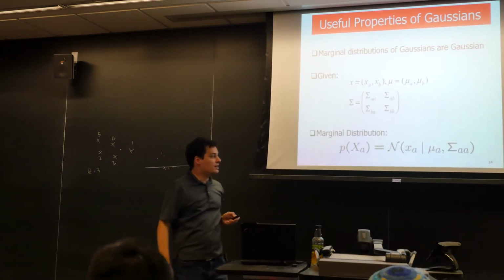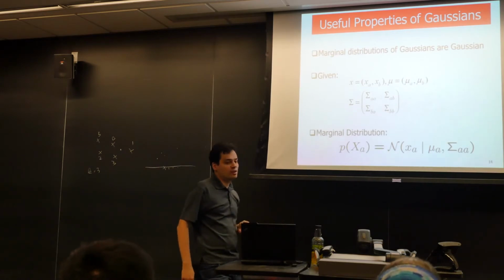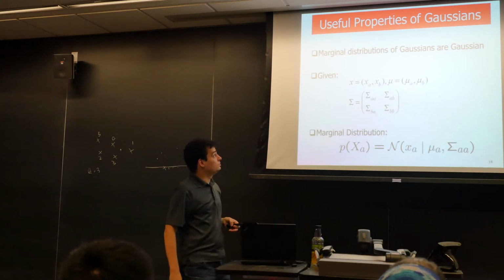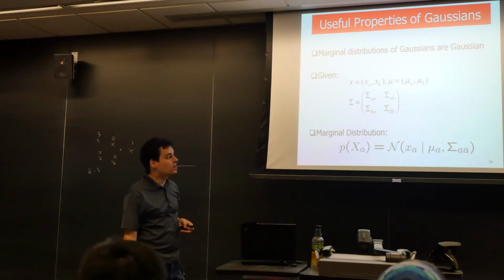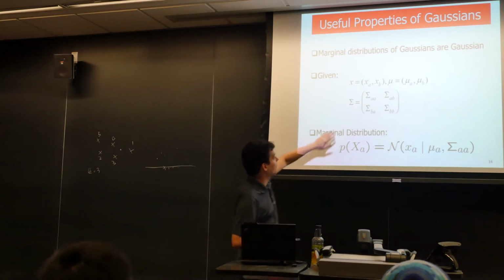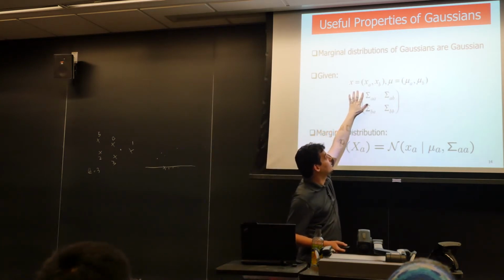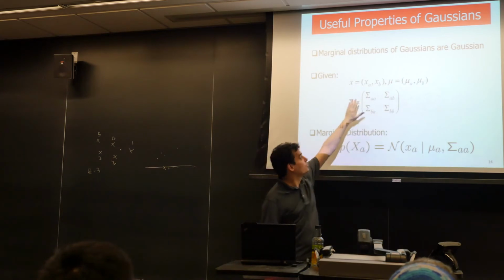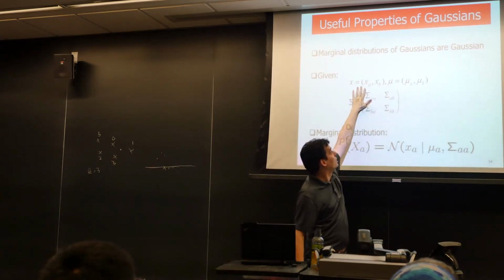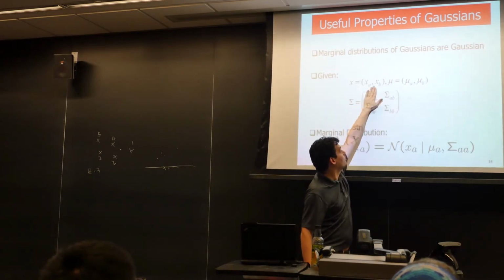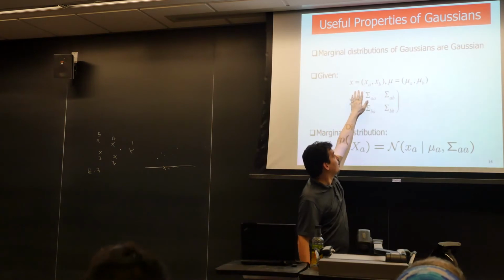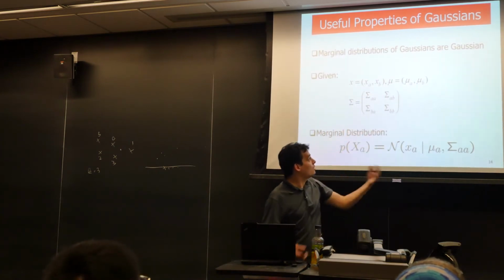All right, there is a very important property that we need to know: if you have a multivariate Gaussian distribution, then the marginal distributions of that Gaussian distribution are also Gaussians. For example, if I have a multivariate Gaussian distribution and I partition the dimensions into xa and xb, these are random variables, and they are also Gaussian distributed.